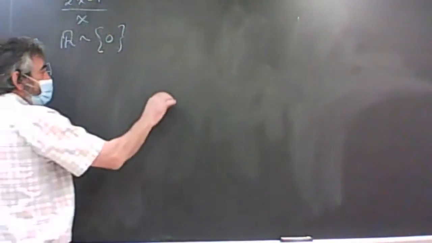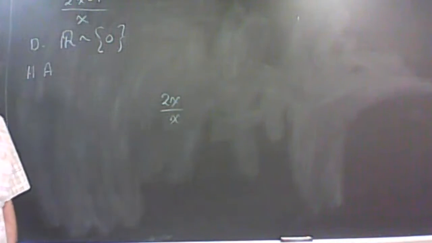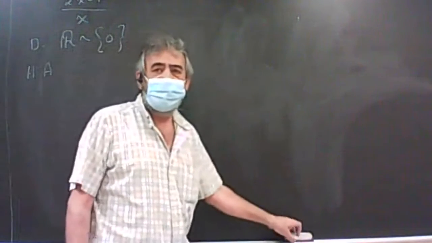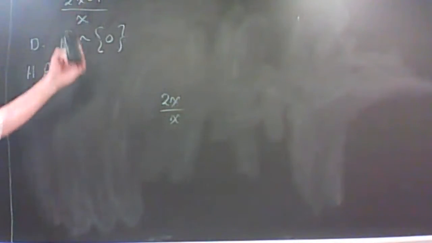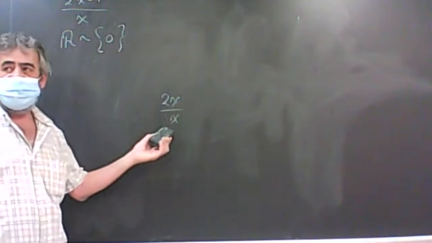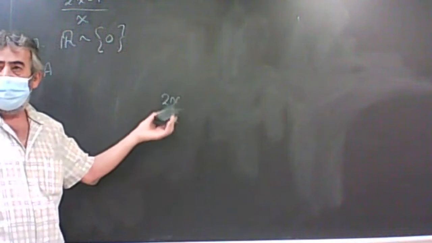Well, we do have a 2 on top. So if you have 2x over x, what do you get? 2. Remember, with the horizontal asymptotes, we only take the terms with the highest exponent, right? Those are the terms with the highest exponent. Is the constant going to make a difference here? No, so it is 2.